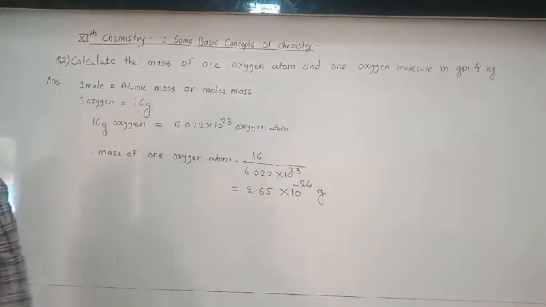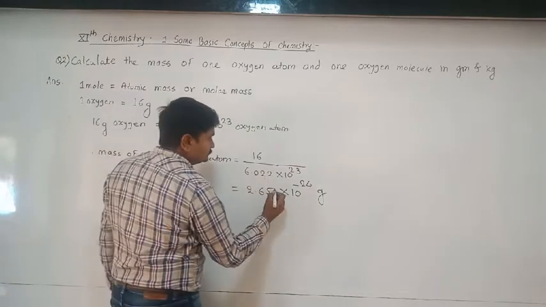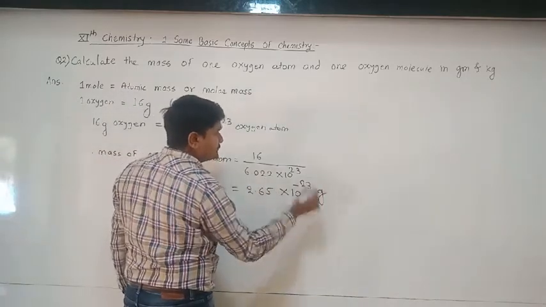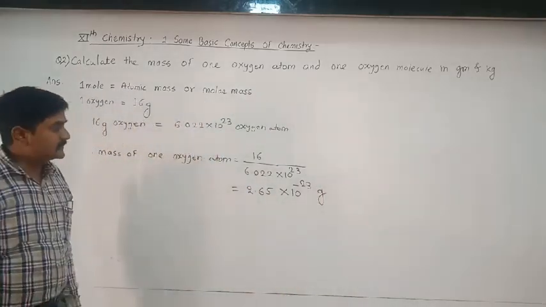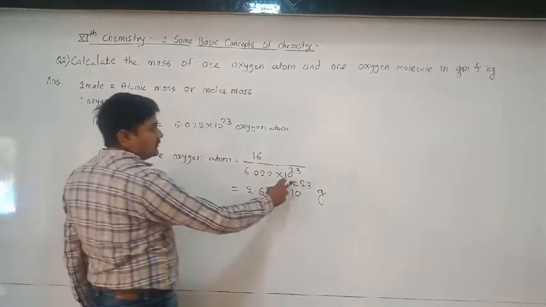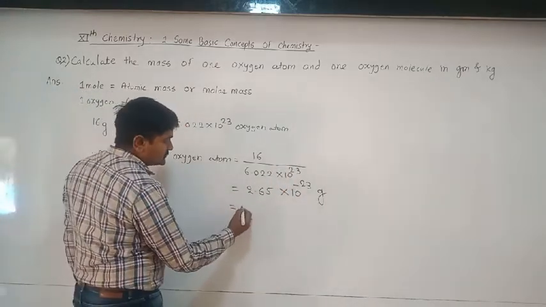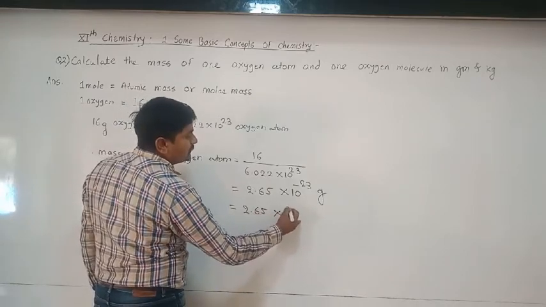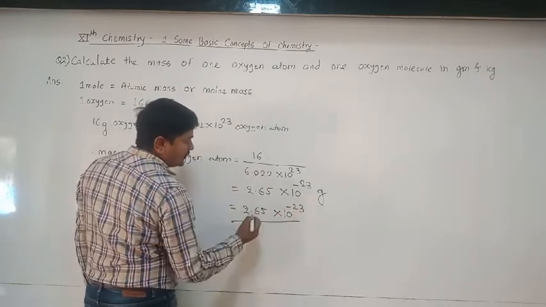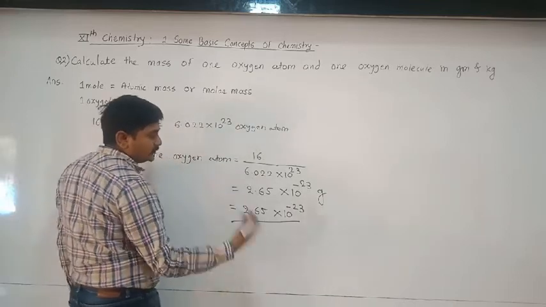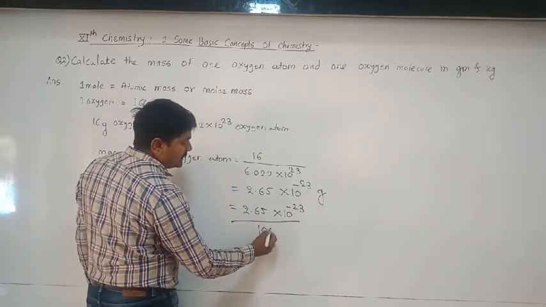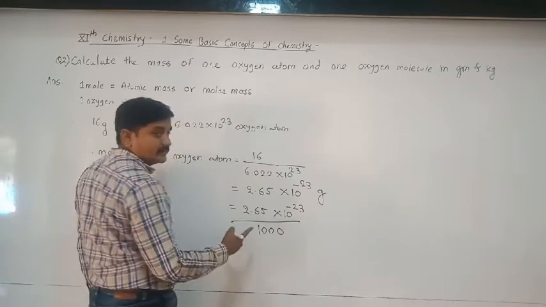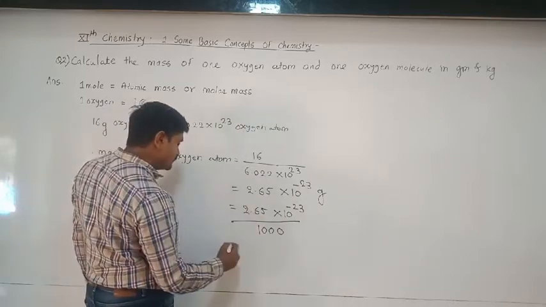Calculate करा. Fine. Now convert it into kilogram. So it is 2.65 into 10 raised to minus 23, gram is converted into kilogram by dividing by 1000. 1000 means 10 raised to 3. 10 raised to 3 वरती जातील.